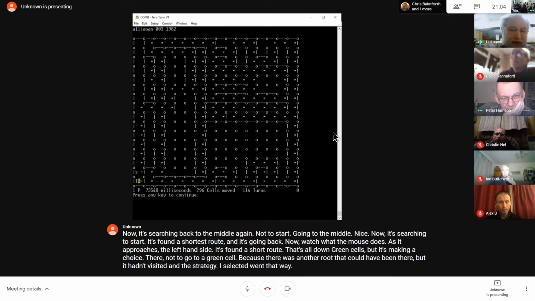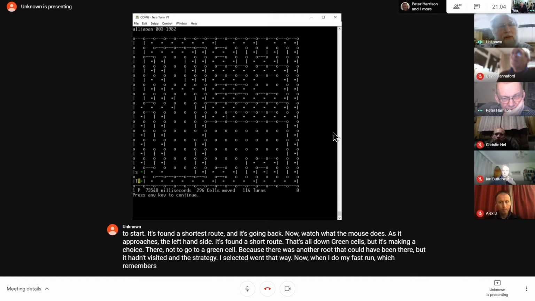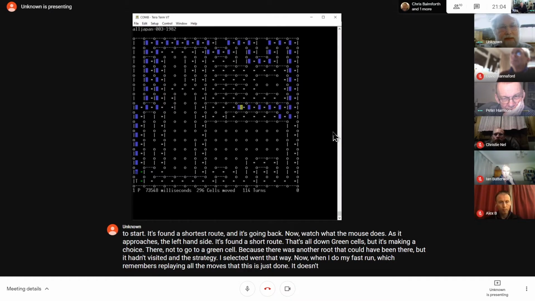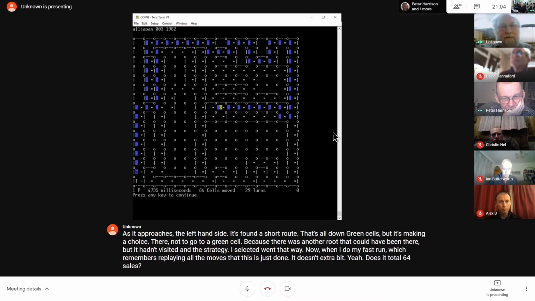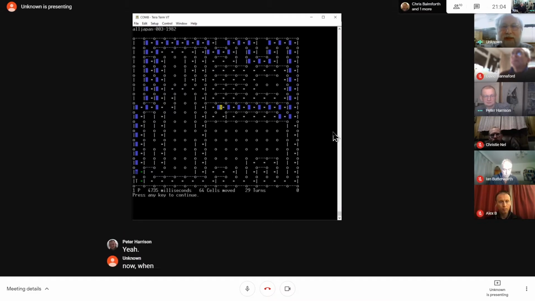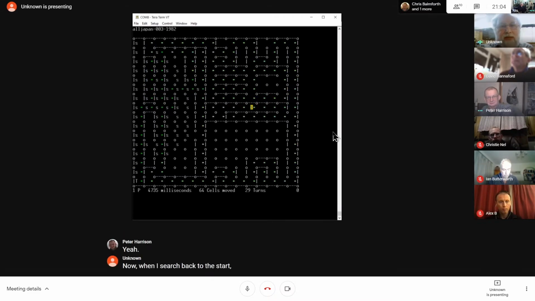Now, when I do my fast run, which remember is replaying all the moves that this has just done, it does an extra bit. Does a total of 64 cells. It's done a funny thing. Now, when I search back to the start, because it's now been into those cells, it doesn't make that mistake again.